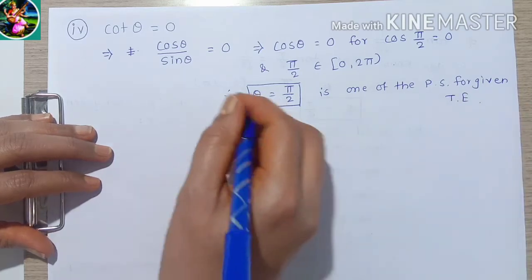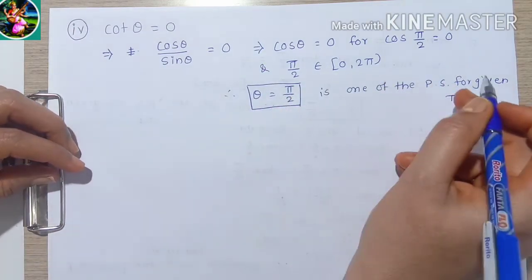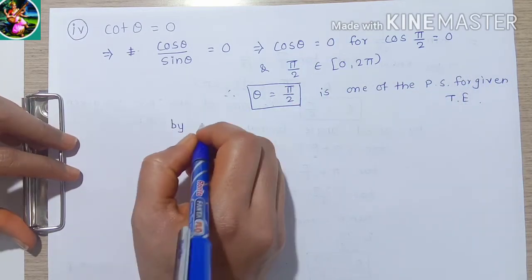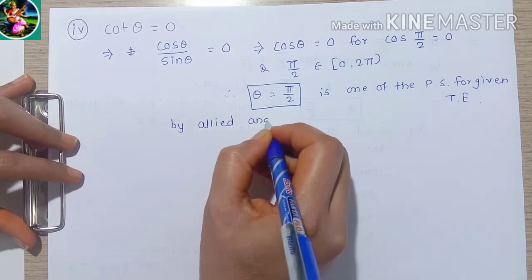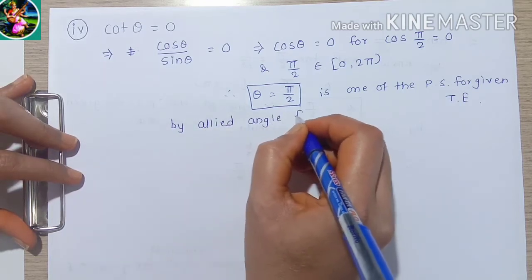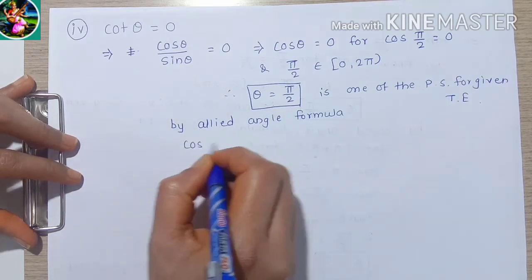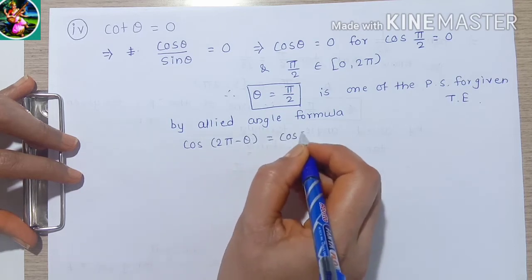Now we find the second principal solution by using allied angle formula. By allied angle formula, cos of 2 pi minus theta is equal to cos theta.